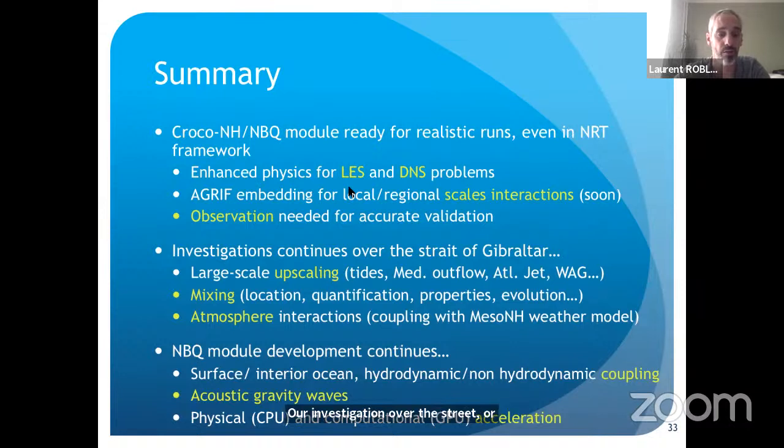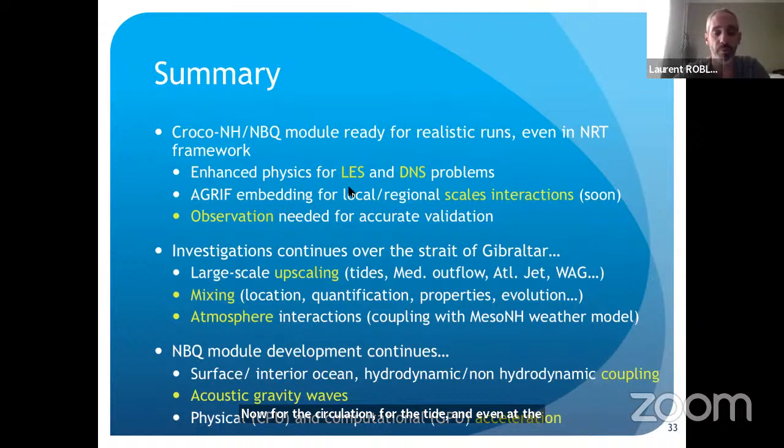In particular, the large scale upscaling of this small scale dynamics, to study the impact of all these small scale dynamics now for the circulation, for the tides, and even at a climatic time scale.